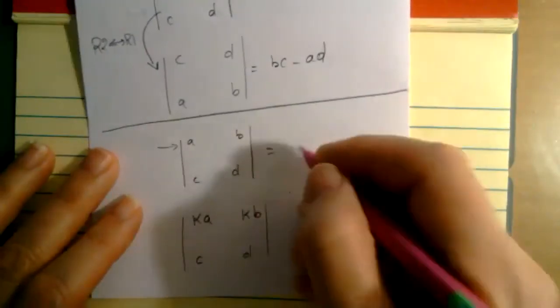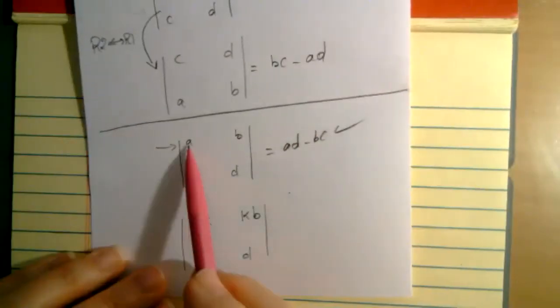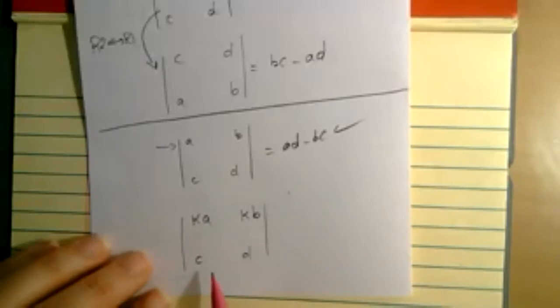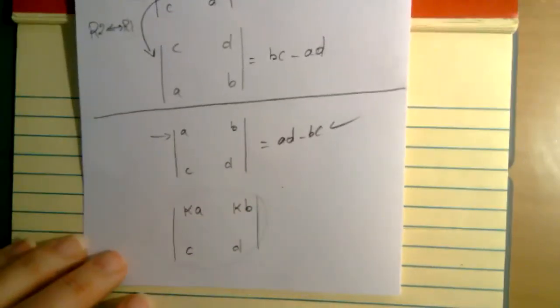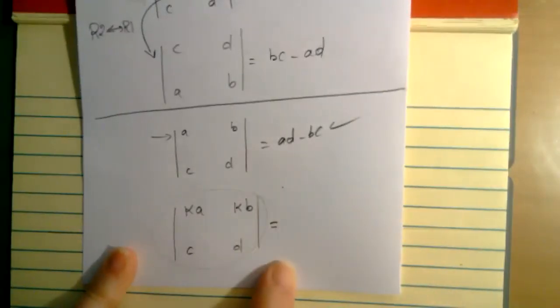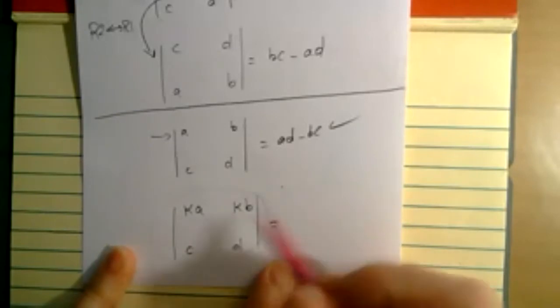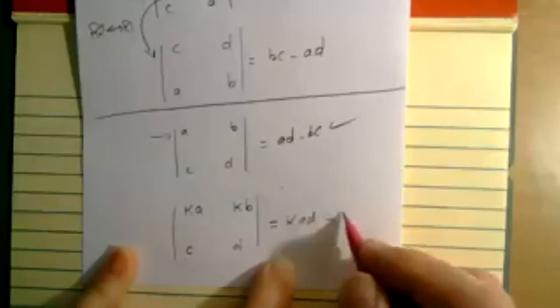So the determinant of this one is AD minus BC. I take a row, I multiply it by K. What's going to happen to the determinant of this new matrix? All right, because that's an easy scenario, I'm going to really do it. So this one is KAD minus KBC.